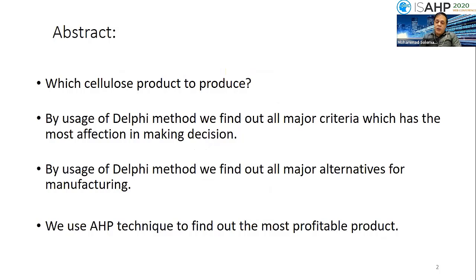This is the main question: which type of paper product to produce to obtain maximum profit efficiency with minimum risks. In this research, we first examine how to obtain all major criteria and all major alternatives by using the Delphi method and use them in the ISAHP method. We also utilize the output of the Delphi method in the ISAHP technique to approach our goal.